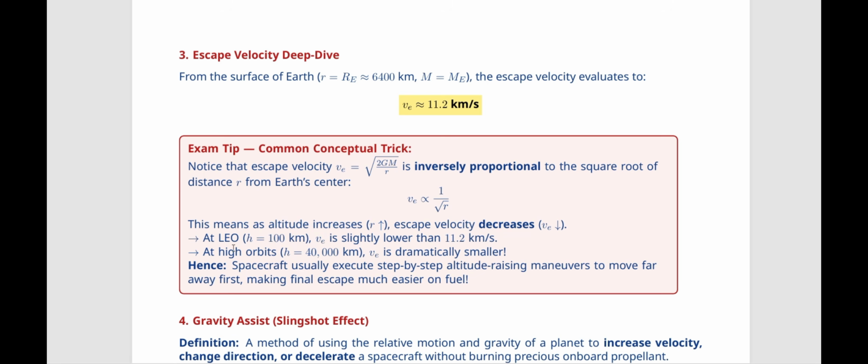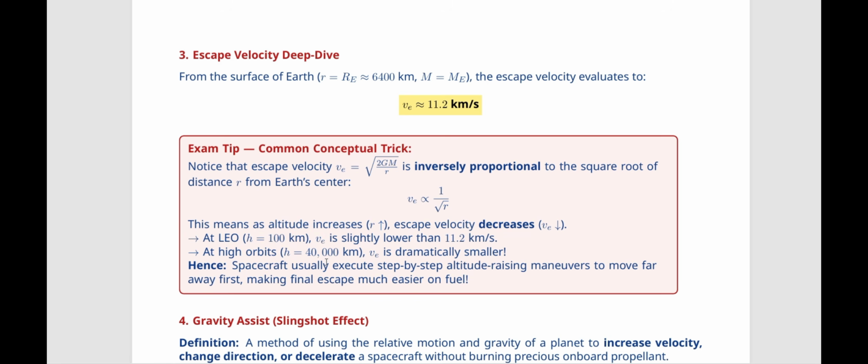At low Earth orbit, the height is 100 km, and the escape velocity is slightly lower than 11.2 km per second. But at high orbit, at a height of nearly 40,000 km, the escape velocity is drastically smaller.